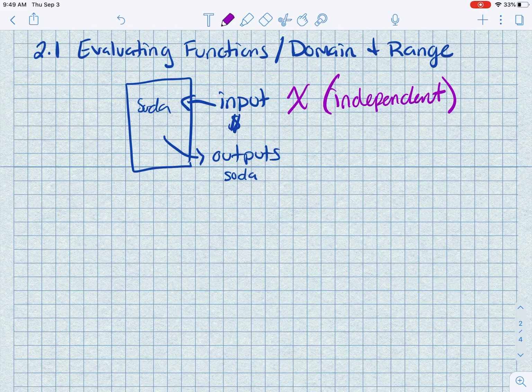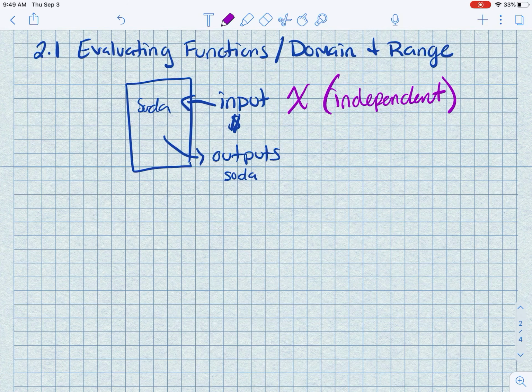Okay, these are going to be independent because does it matter if I put a 5 or a 20 into a soda machine? No, I'm still going to get my soda as long as it was enough money, right? Okay, so those are your inputs, your x values or your independent variable. And once we input that, what's the machine going to spit out?